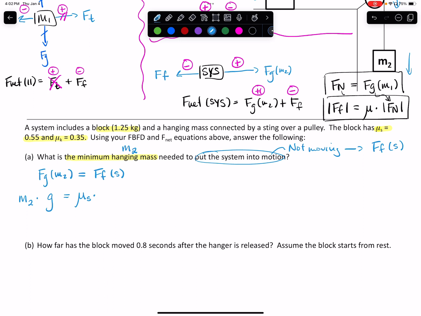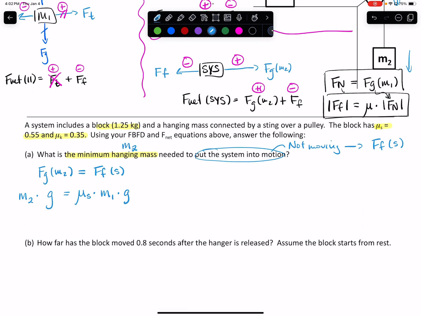So I'm going to say mass 1 times gravity. If we look, gravity shows up on both sides, so we can cancel that, which is going to help a little bit. And we end up with mass 2 is equal to my static friction coefficient times mass 1. So mass 2 is going to be equal to 0.55 times 1.25 kilograms.